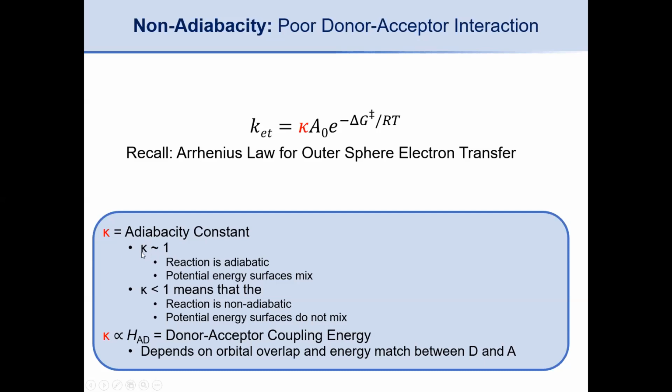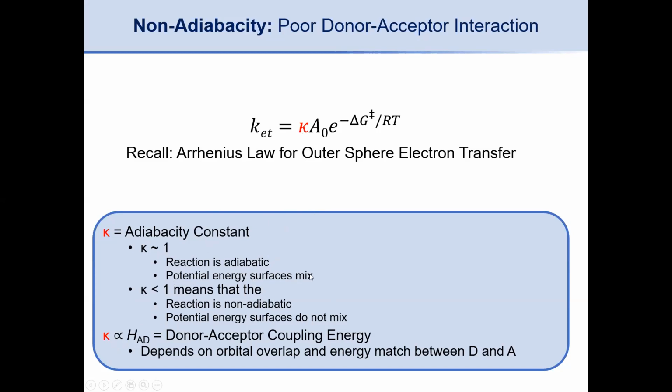If kappa is equal to 1 or approximately equal to 1, we can say that the reaction is adiabatic, and Marcus theory describes the electron transfer rates quite well. If kappa is less than 1, however, that means that the reaction rate is not well described by Marcus theory, and we have to use this variable parameter to rectify that.